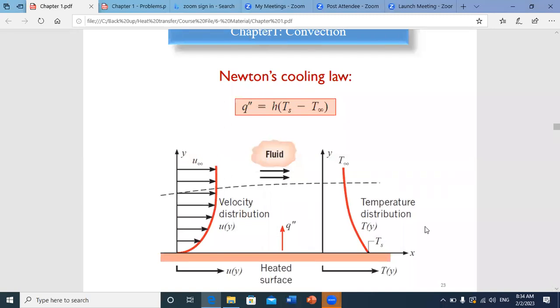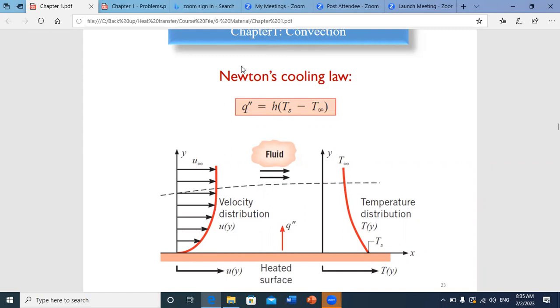Now, to summarize, the equation for convection in the 1D case can be given by q'' = h ΔT. Here we are finding the flux per unit area, and this is called Newton's cooling law. We can see in this figure the variation of velocity and the variation of temperature.